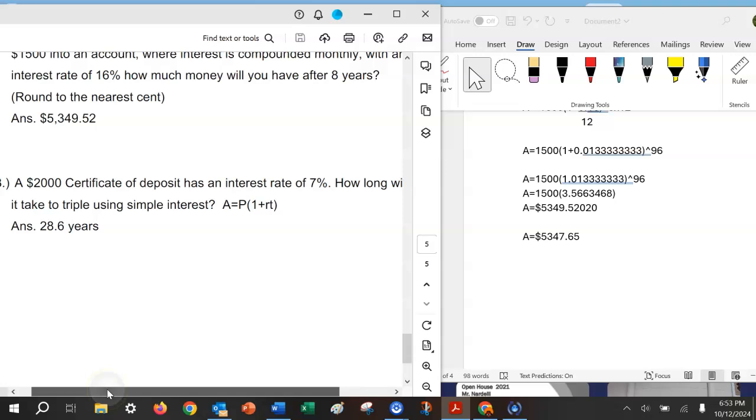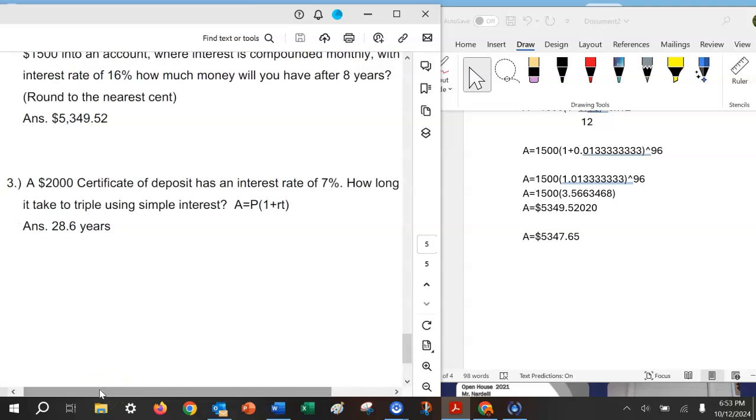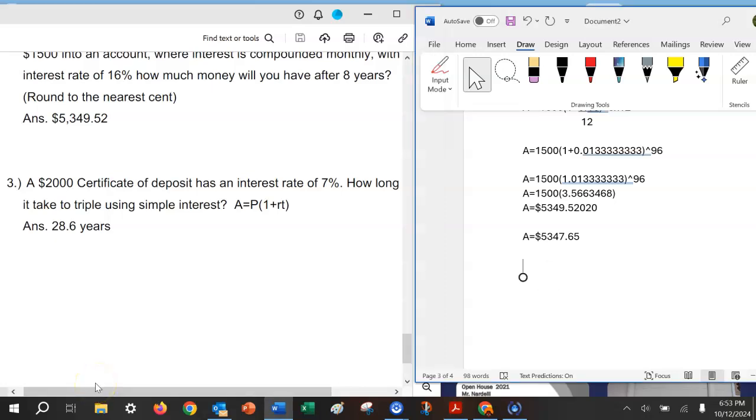So how long will it take to triple using the simple interest? So the simple interest formula is right there, and that is to find it in one step. The one I showed you earlier was you found the interest, and then you just added it, which takes you another 30 seconds or 20 seconds. Not a whole big deal.